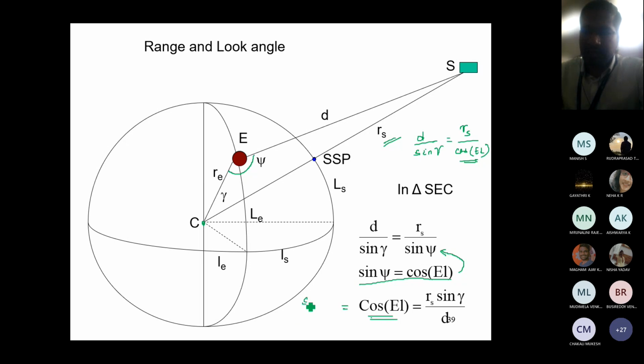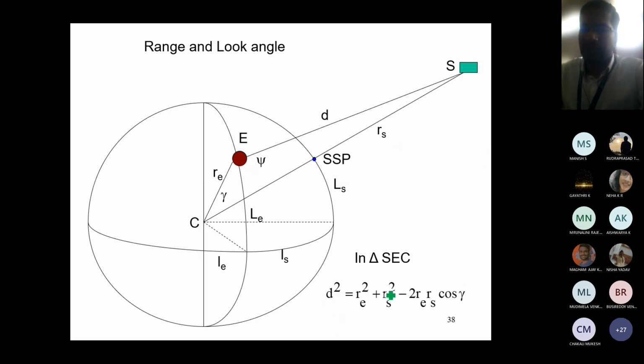I can write it like this, sine gamma divided by d by Rs. So let me find out what is the value of d by Rs. If I can obtain this value, it can be replaced in the denominator. What we are looking for is the value of d by Rs, how much it will be.